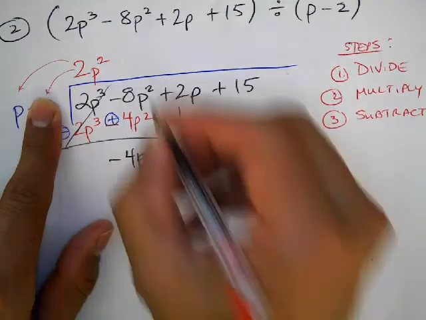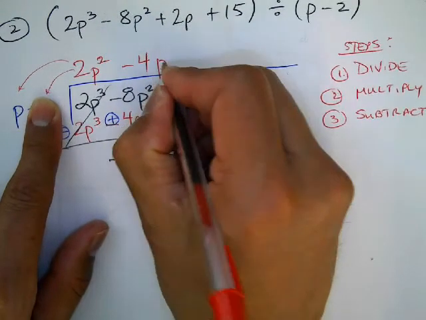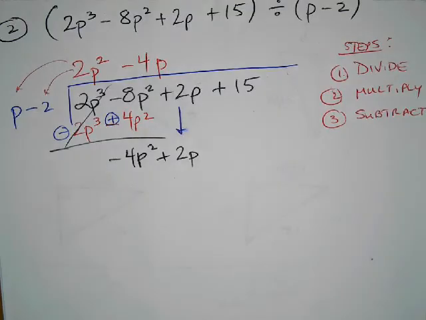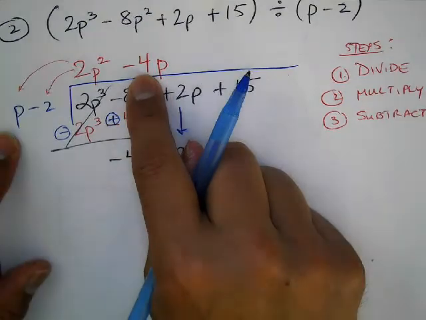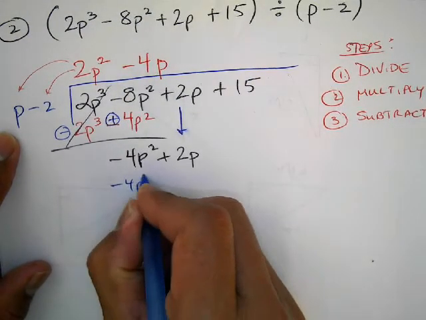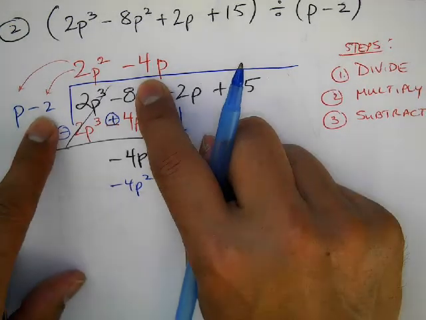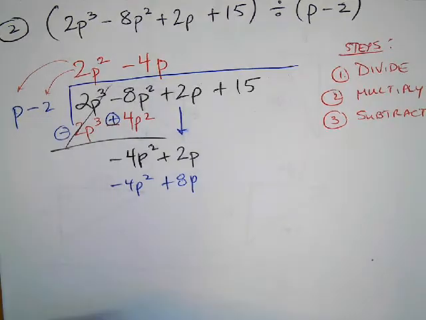Well, that would be a negative 4 and then a p. Oh, now we have to distribute, right? This one times the first one and this one times the second one. Negative 4p times another p is negative 4p squared. And then negative 4p times the negative 2 is positive 8p.